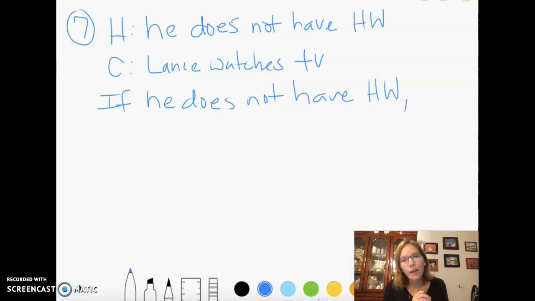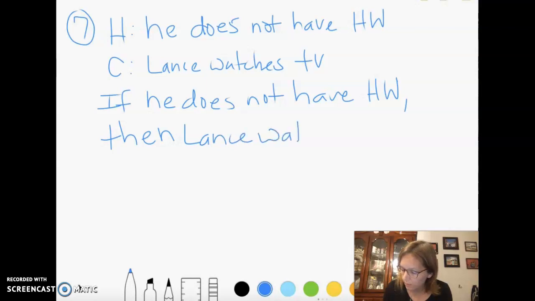And we always separate our if part of our sentence and our then part with a comma. Then Lance watches TV. Okay, so we did our 3 things. We named our hypothesis, we named our conclusion, and we wrote the whole thing as an if-then statement.